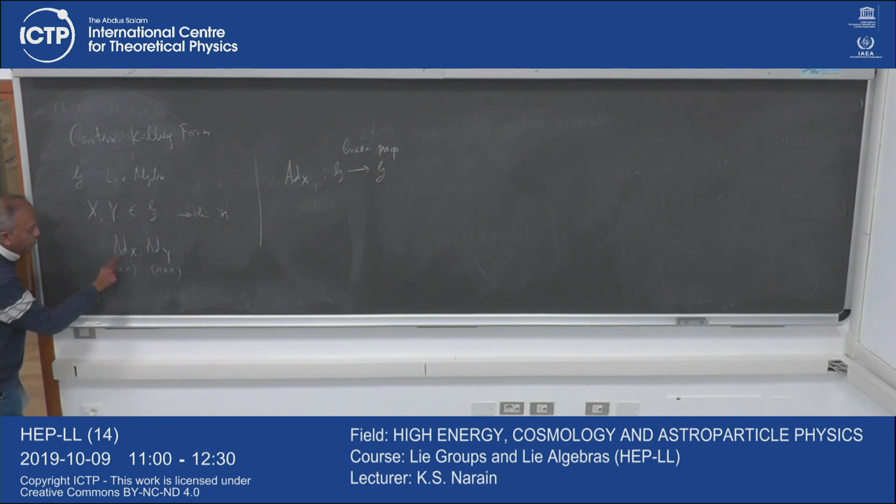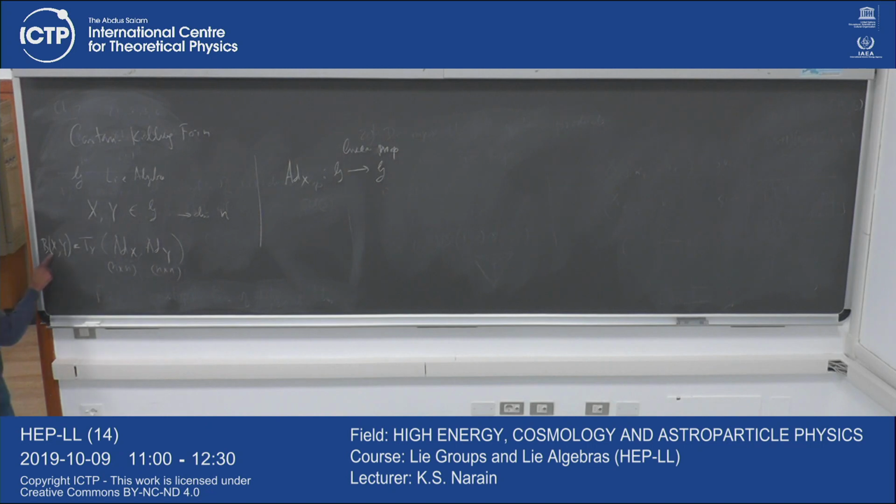Then I can take the product of these two n by n matrices and take the trace. This is the Cartan-Killing form, which in these lecture notes we are calling B(X,Y). I would have preferred to call it g(X,Y), g being the metric, but anyway, B(X,Y).